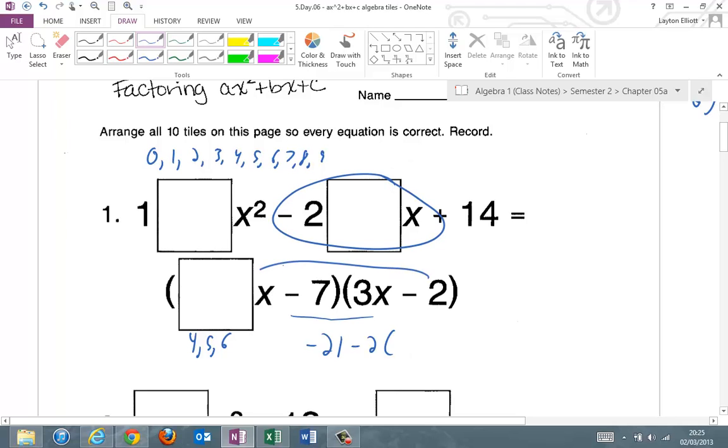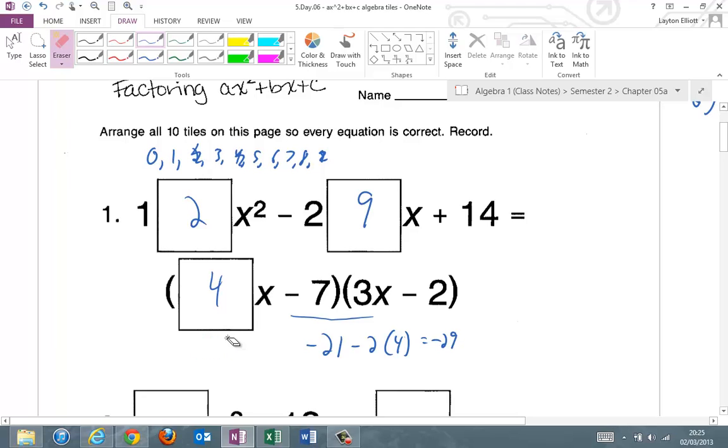That means that 2 times something would have to be 2 times 4, because if it were 2 times 5, it'd be negative 31. 2 times 4 gives me negative 29. So that's 2 times 4x, and 4x times 3x is 12x. So I've already knocked off the 12, the 9, and the 4, and I'm pretty confident that those are the only possibilities there.